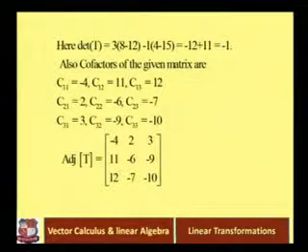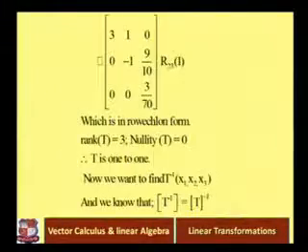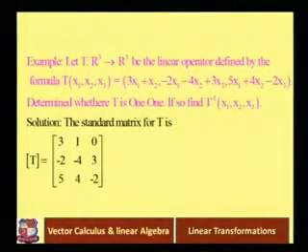Also, to find the inverse linear transformation we have to find the cofactors. We have to find the cofactors of the given matrix, right? How do we find these cofactors? I will explain. What is our matrix actually?